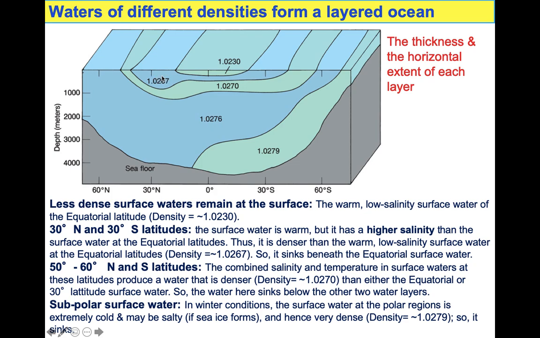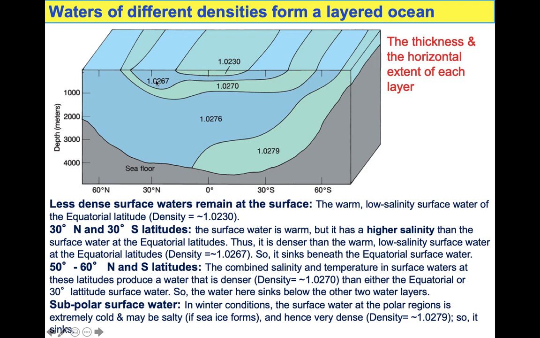Because the salinity is now higher than what we saw at the surface in equatorial to tropical regions, this water sinks and becomes a distinct layer, if you will, a tongue of a little bit saltier and therefore denser layer underneath the equatorial tropical ocean waters.